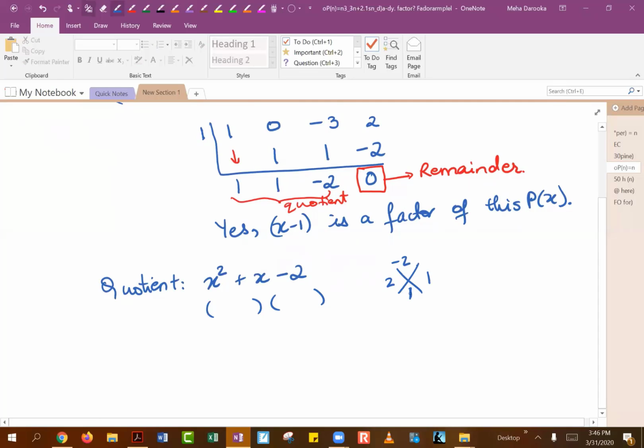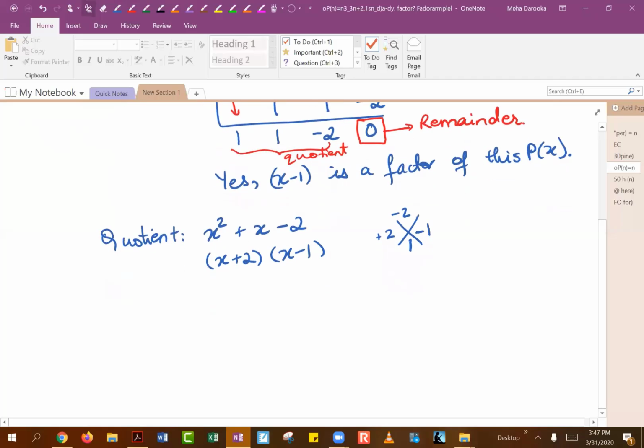But since we need our sum to be a positive 1, that means your 1 is going to be negative, 2 is going to be positive. So when I multiply 2 times negative 1, I get negative 2 as my answer. When I add 2 and negative 1, I get positive 1 as my answer. So your factors here will be x plus 2 and x minus 1.